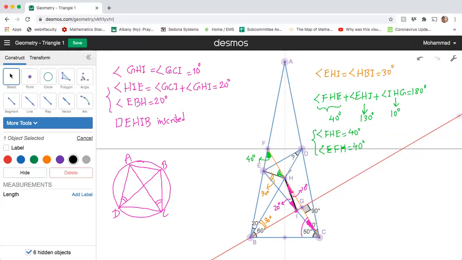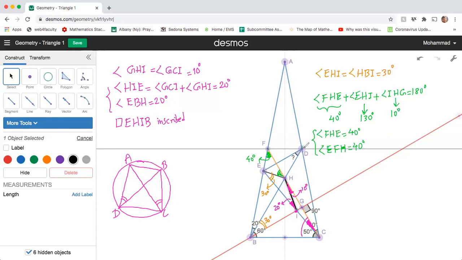And as a result, we can say that the line ED is perpendicular to FH. In fact, it has to be the perpendicular bisector of FH. Recall that FHD was an equilateral triangle. So DF equals DH. On the other hand, we just showed this triangle is isosceles. So FE equals EH.